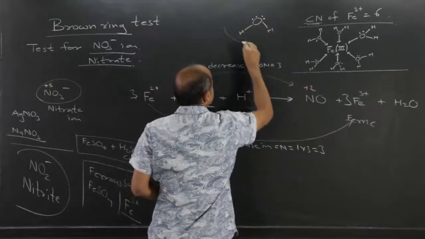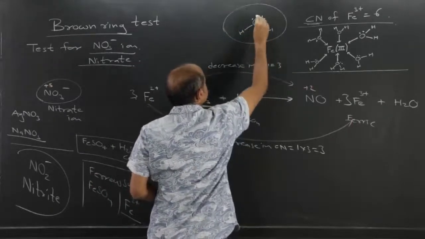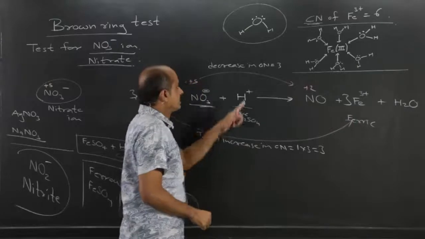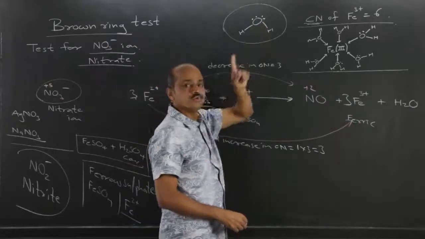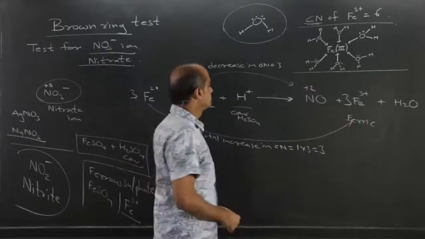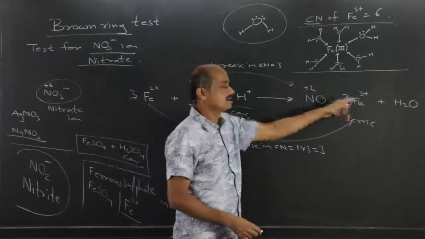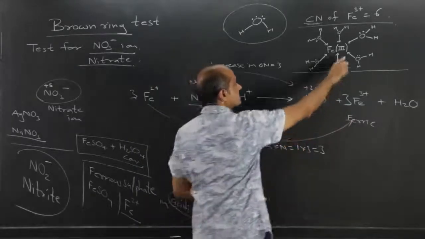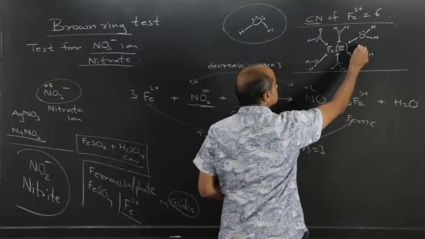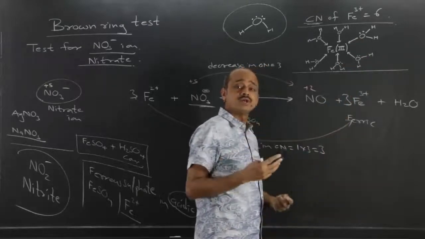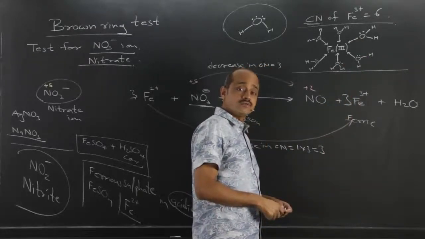We have studied the water molecule: 2 lone pairs on oxygen are present, and out of the 2, 1 lone pair of electrons on oxygen and an empty orbital of ferric are shared. I have shown it in this fashion. Such 6 coordinate covalent bonds are formed.